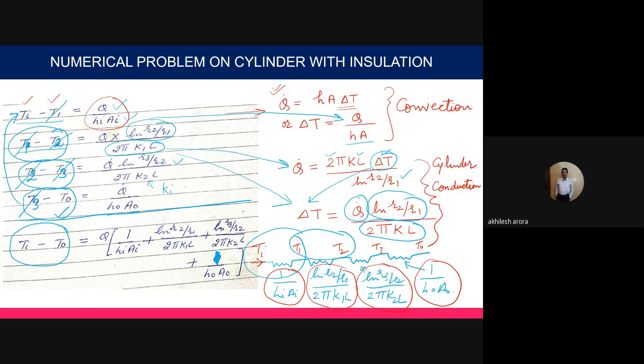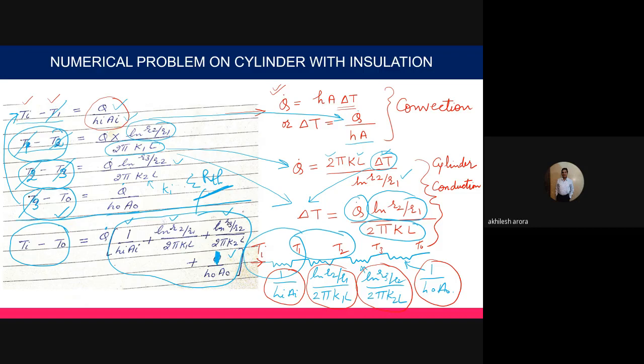Okay, so Q dot can be taken out of the bracket, and remaining we have these resistances. These all are the resistances. So this value is actually nothing but the sigma R thermal. So this resistance is because of convection and conduction actually.